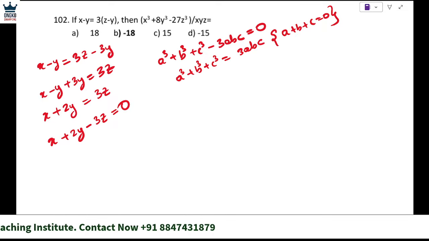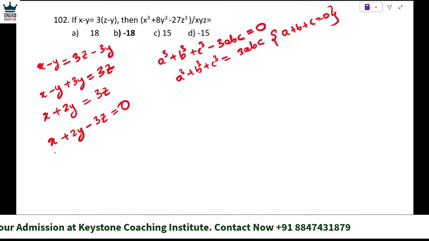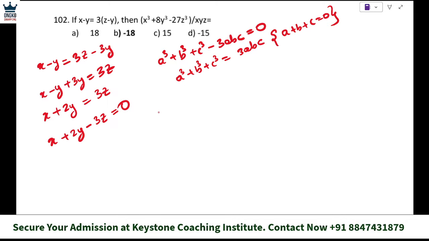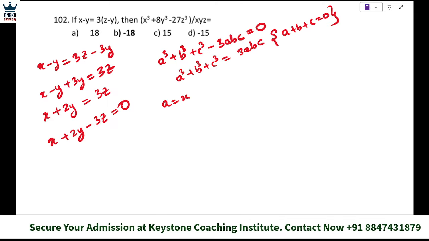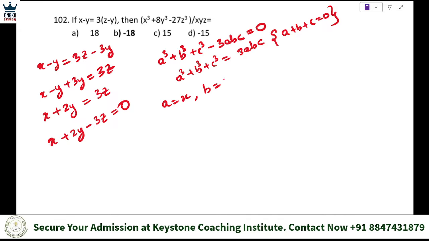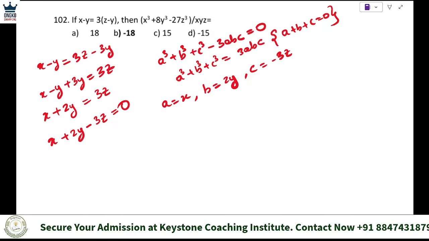Right. So let's say a is x, b is 2y, and c is minus 3z. So let's put the value.